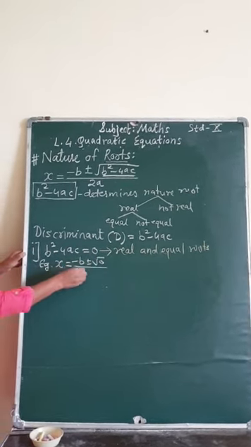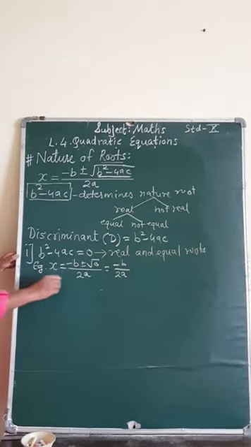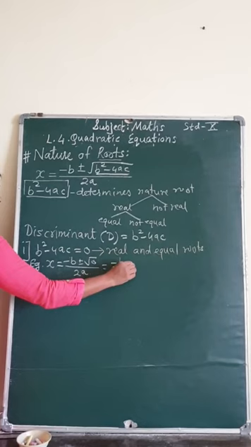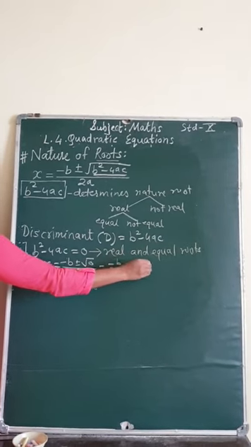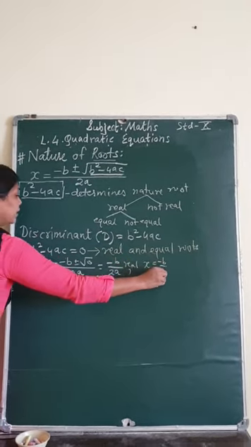You know that this gives us the value 0. So our roots are minus b upon 2a. It means they are real roots, one root will be minus b upon 2a, and the other root also will be minus b upon 2a. So here we get two equal roots.